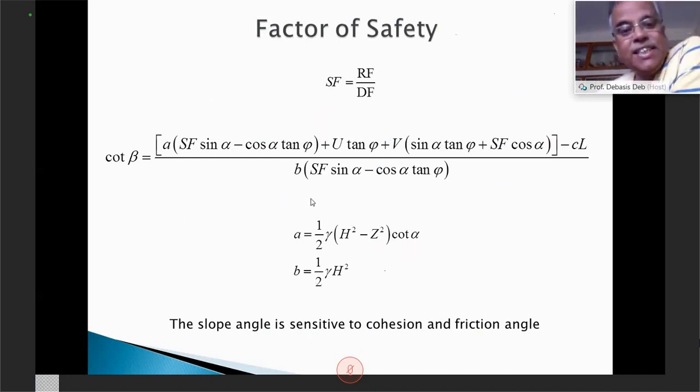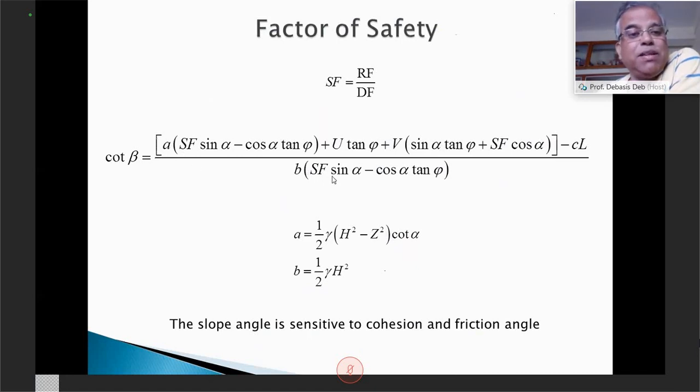Now you can see this equation becomes the earlier equation if there is no water. Okay, if there is no water, Z doesn't exist. So A becomes B cot alpha, and इसको divide कर दोगे तो ये cot alpha आ जाएगा.